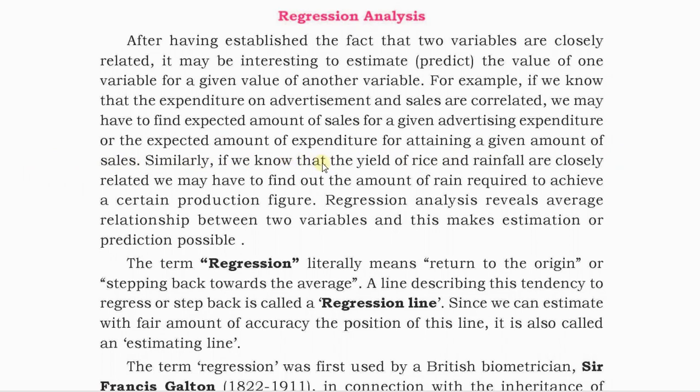Similarly, if we know that the yield of rice and rainfall are closely related, we may have to find the amount of rain required to achieve a certain production figure. So regression analysis reveals the average relationship between the two variables, and this makes the estimation or the prediction possible.